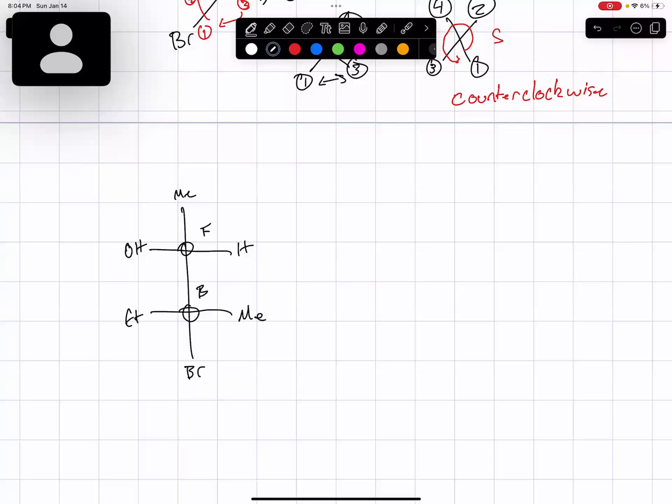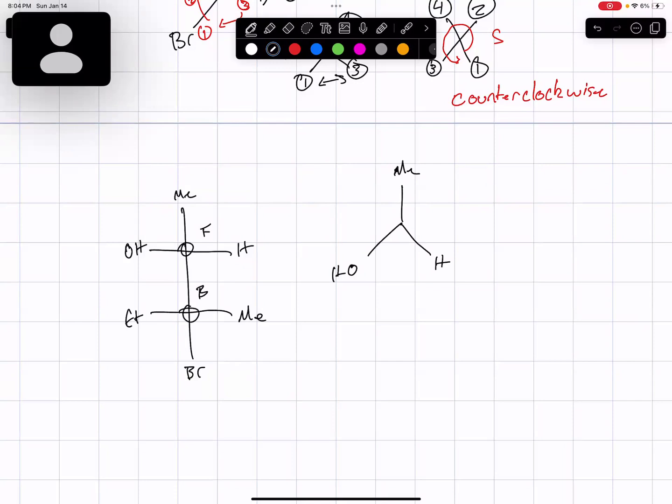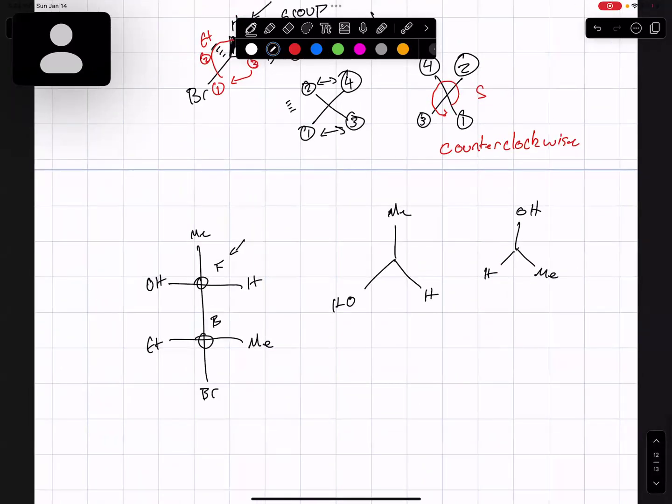The front of the Mercedes-Benz logo would have methyl, OH, and hydrogen. But who's to say what's on top and what's on bottom? This front carbon could easily be rotated such that now you have OH, methyl, and hydrogen.